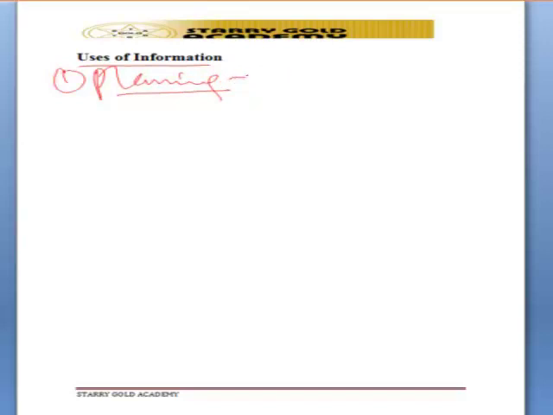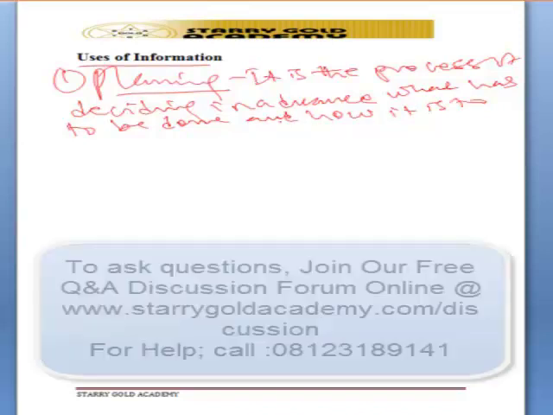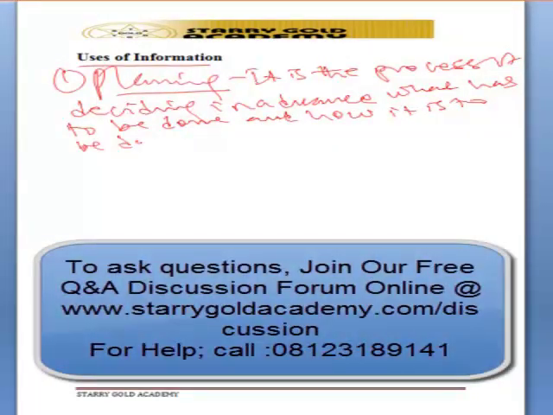And when we now say planning, it is the process of deciding in advance what has to be done, and how it is to be done, or how it should be done.